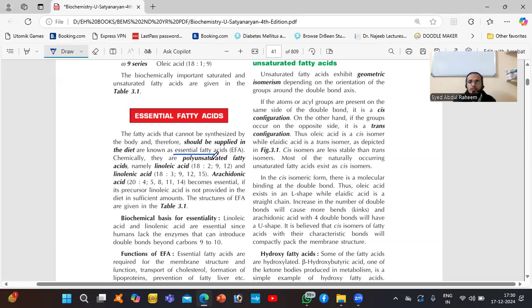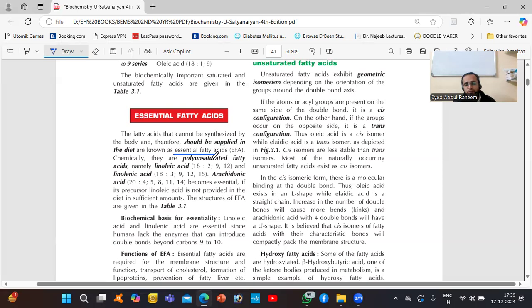They are not prepared by our body. They need to be taken in from outside. That is the reason we call them essential fatty acids.